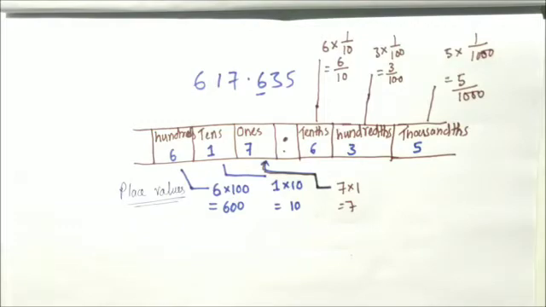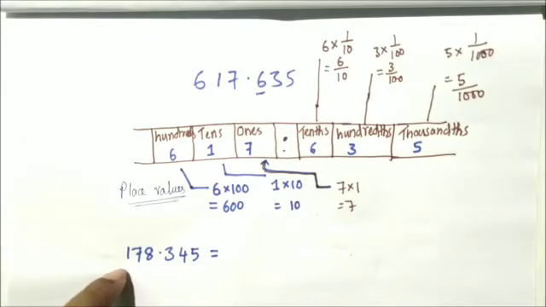Now, suppose we have 178.345. Okay, we can write it in the form of expanded form. Expanded form. How? You just tell me what is the place value of this 1.